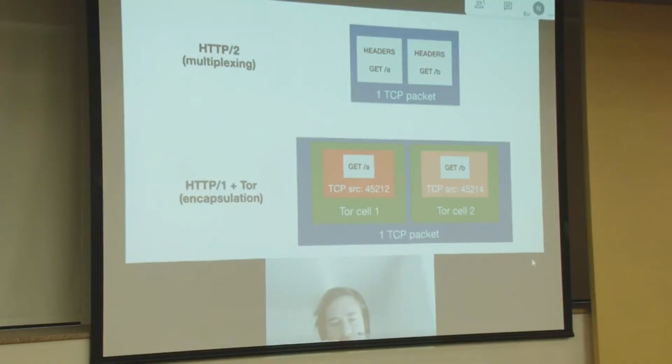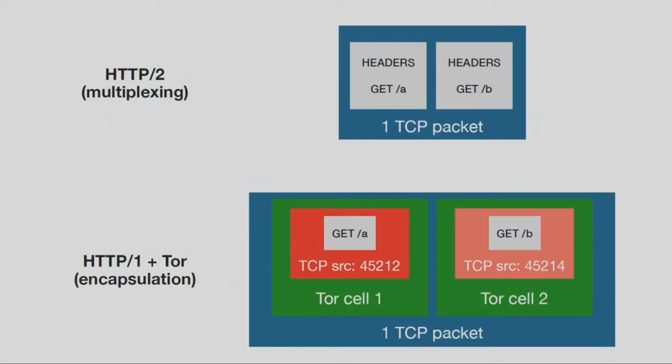So this is how it looks visually. In the case of HTTP2 with multiplexing, we have our two headers frames, and we make sure that they are packed into a single TCP packet. And then for Tor, it's HTTP1 in this case.